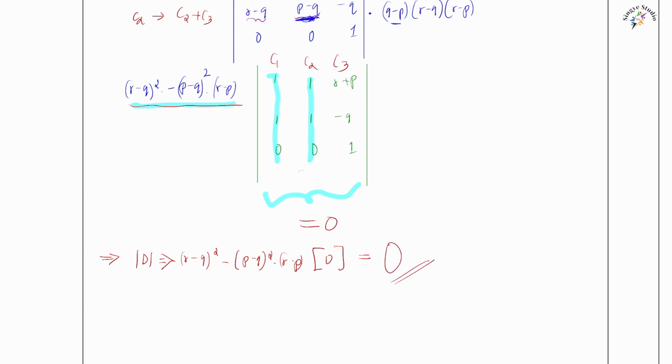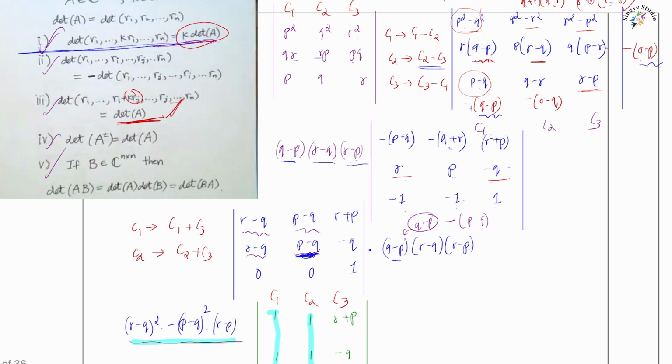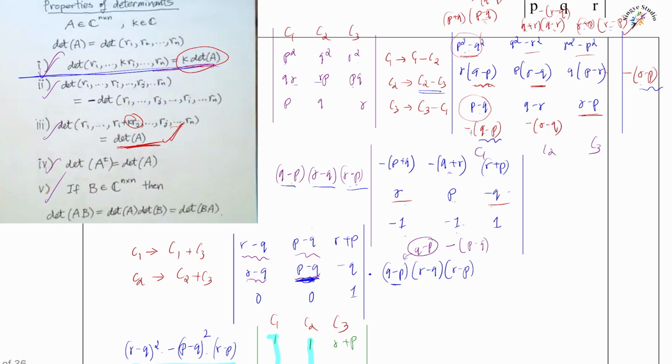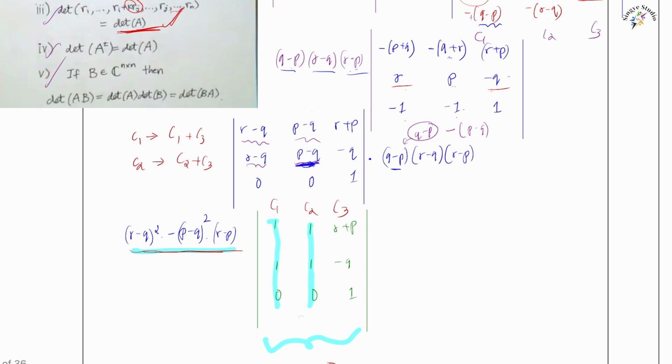Therefore what we have done is that we did the modification according to the rules, and we took out a scalar as said from rule number 1, and then we modified this determinant into a form with identical columns to deduce that this determinant is simply 0.